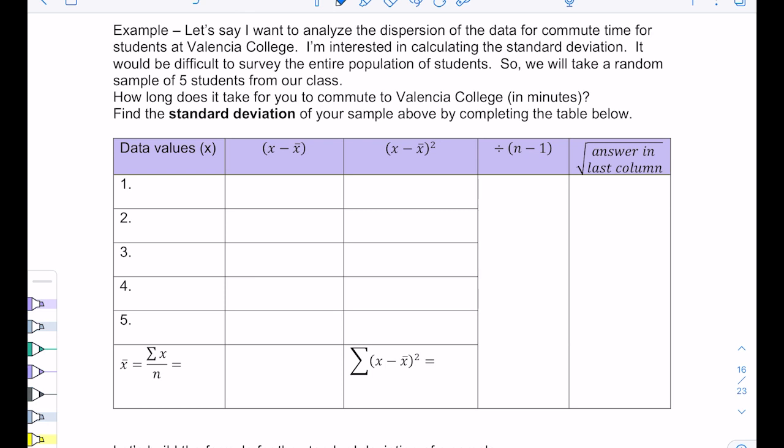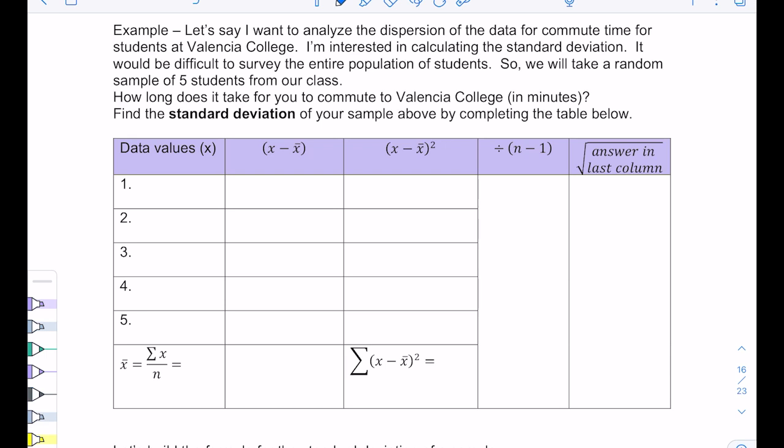It would be very difficult to survey the entire population of all students at Valencia, so I'm going to take a random sample. Let's say in our random sample, we have 5 students from class, and I ask how long it takes for them in minutes to commute to Valencia College. And we're going to find the standard deviation of our sample.